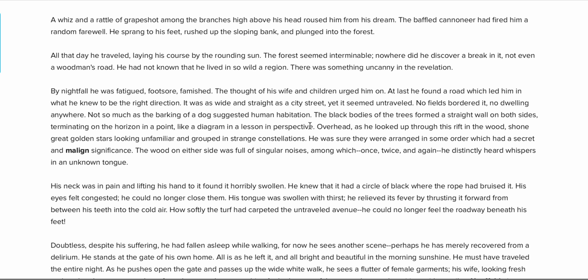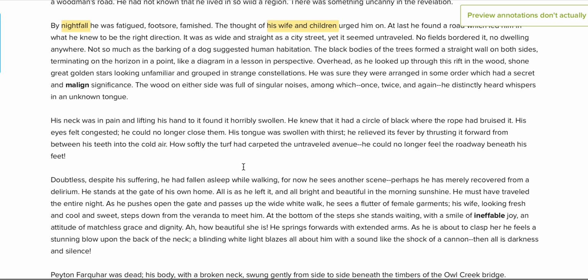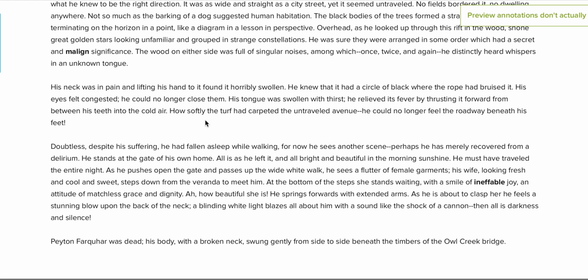Then we go here by nightfall, when he was at last, finally, thinking of his wife and children. He was able to meet them.